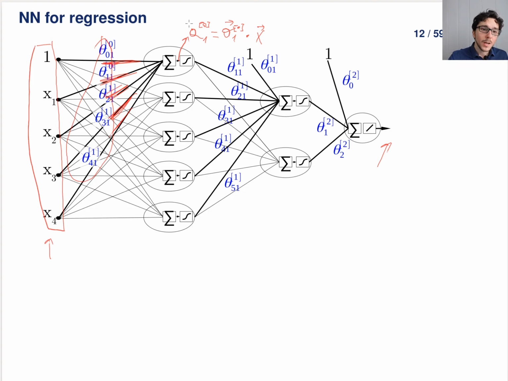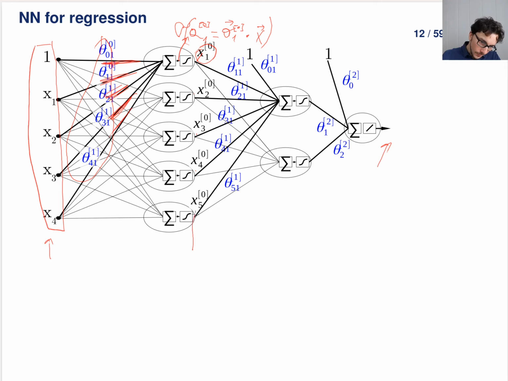Then you apply the activation function, a sigmoid or whatever, and what you obtain is this output here. You do the same for all the neurons.